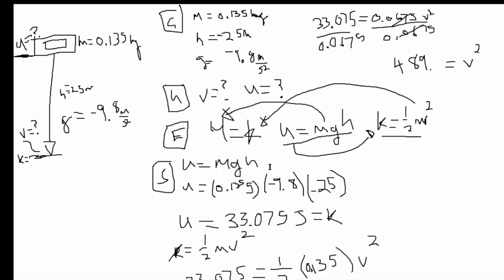Let me jump over to my calculator. So 33.075 divided by 0.0675. No, 490. I don't know why I got 489 earlier today, but 490.